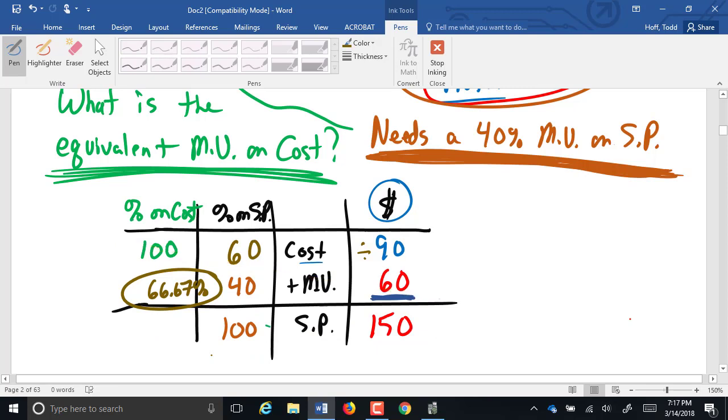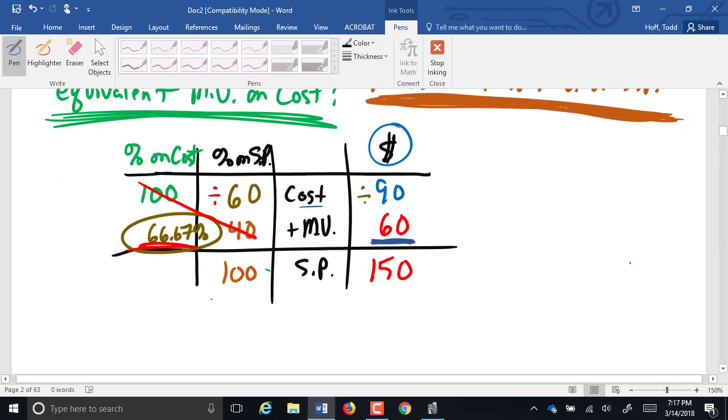I didn't necessarily even need those prices. I could have just done, right over in this part here, 100 times 40 divided by 60, and what do I get? I get 66.67. Yep.